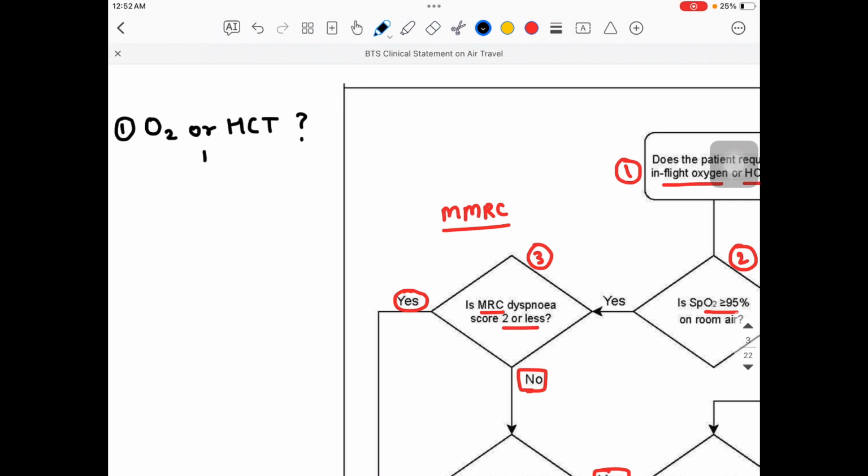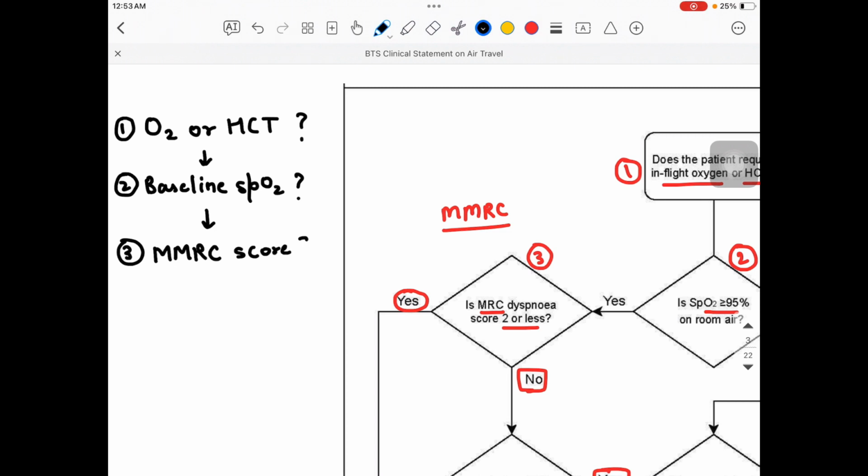Second question: what is the baseline saturation? Let's say the baseline saturation is more than 95%, then our next question is, what about the modified Medical Research Council score, the MMRC score, or MRC score?